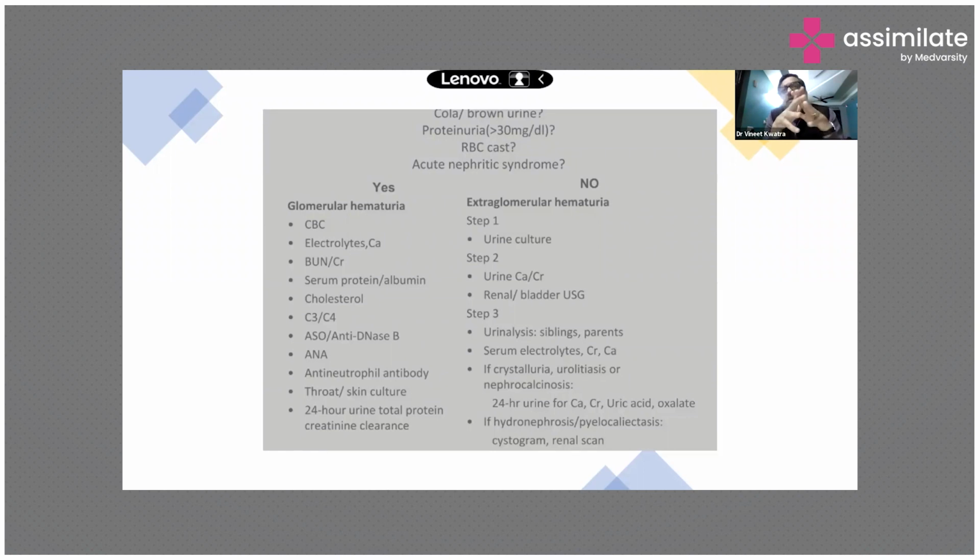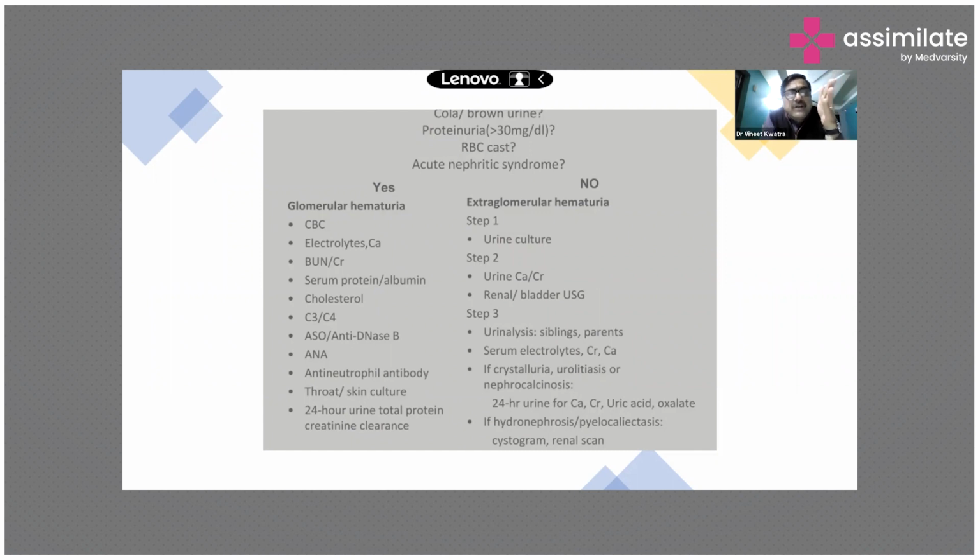If there is a history of fever 2 weeks back, preceded by a throat infection, better if the patient is actively in that phase, get a throat swab done, and if there's a skin infection, get a skin culture done. And obviously, a 24-hour urine protein and creatinine clearance is important. So these things you have to look out for if you are thinking about glomerular hematuria.